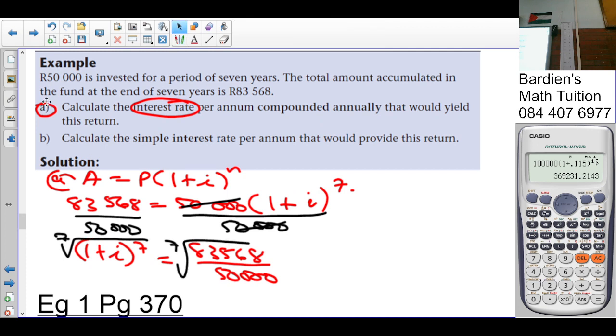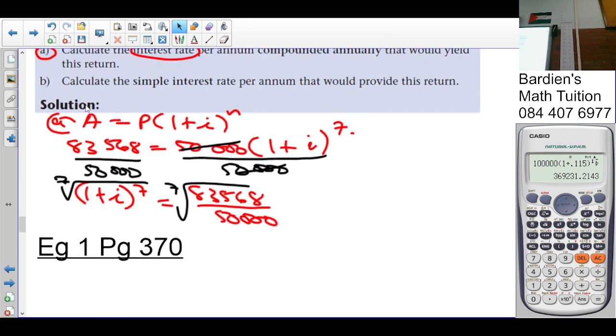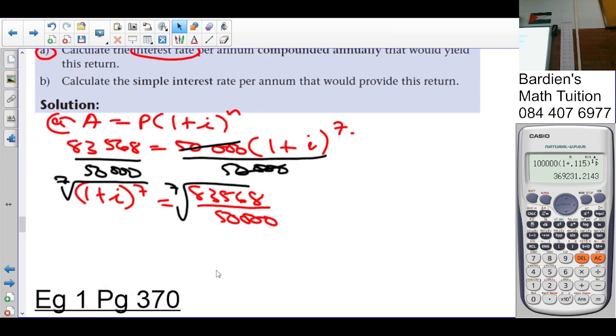So that gives us the 7th root of 83,568 over 50,000.